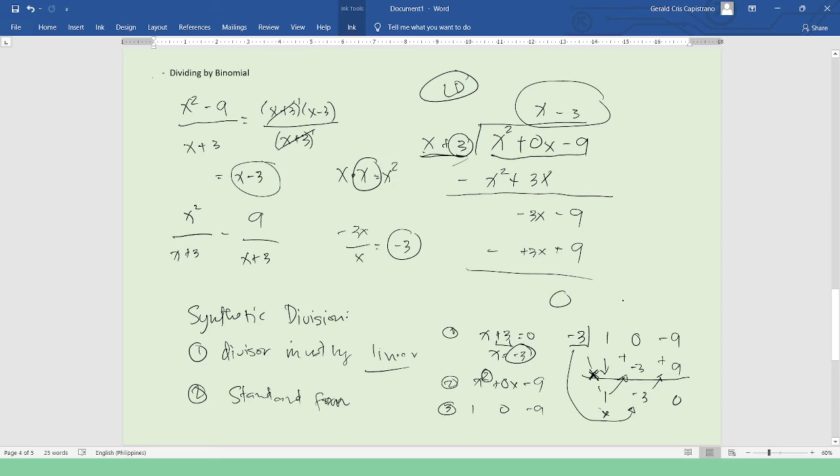I-write mo muna yung variable mo, that is x. Kasi x squared, yung x raised to 2 minus 1 is just x raised to 1. So, that is x. Okay? Then, sulat mo lang itong 1 na to, itong una mong nakuha as coefficient niya. So, that will be 1. Pero, alam nyo naman, ang 1x, hindi na natin sinusulat yung 1 kasi understood na yan.